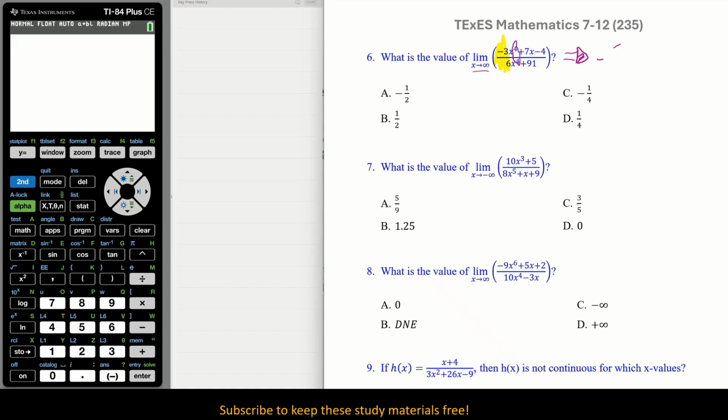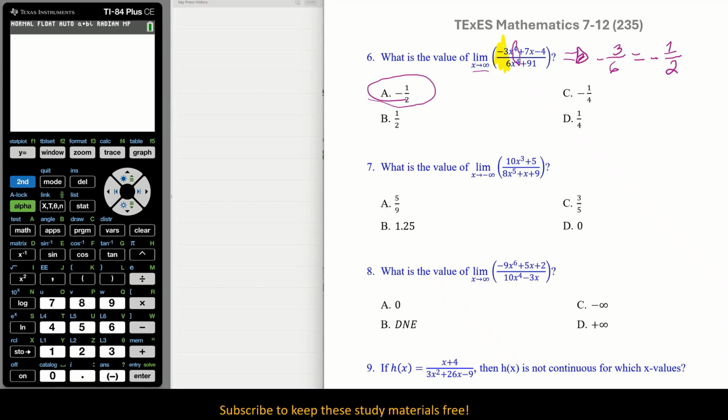So we have negative 3 over 6, which equals negative 1 over 2. So we know A is the appropriate option. Now, if you don't remember these things, you can graph it and take a look at it. There are other ways to get to that point, using your answer options.